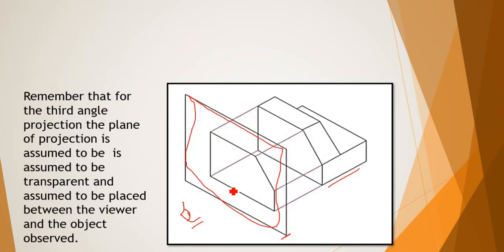In our example, you can see that the viewer is on the left side. Assuming that this shape is our front, then this is our end, and the end elevation will be on the left of the front.